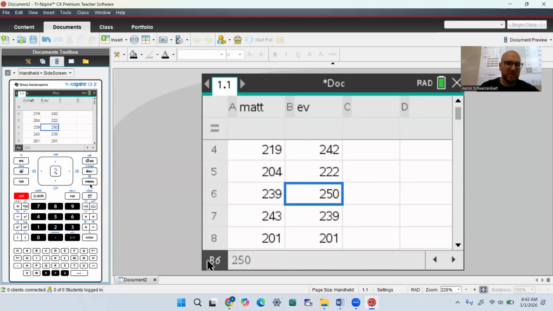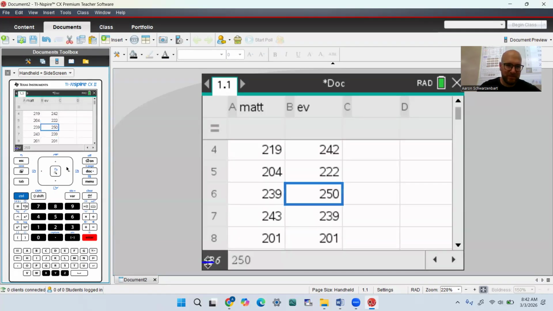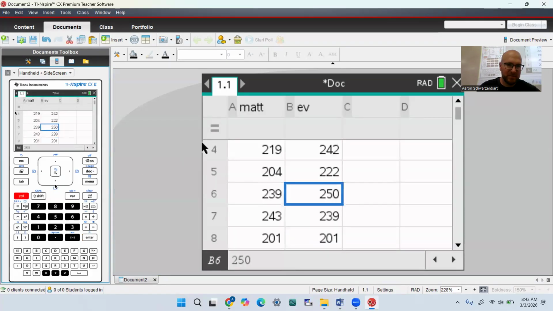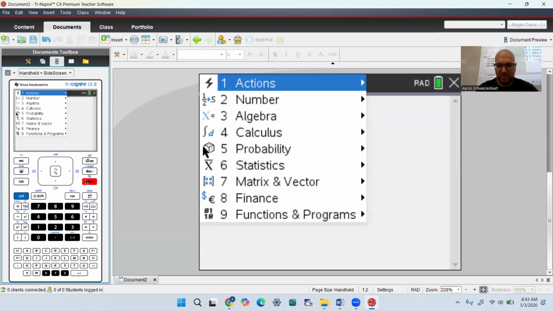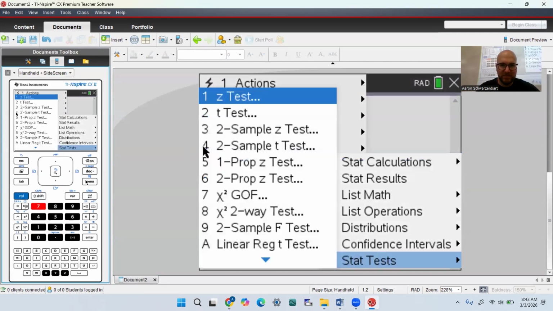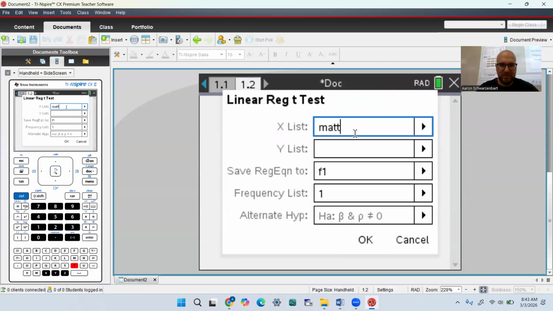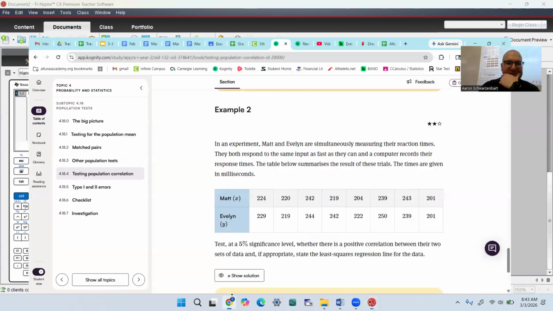Okay, so once you've got it, run your test. Cognity has it as a different alternative hypothesis.